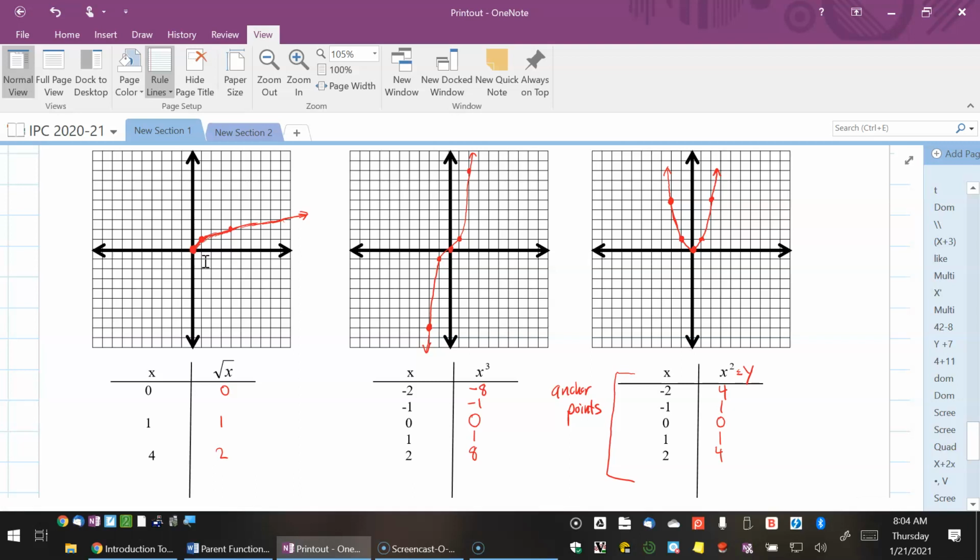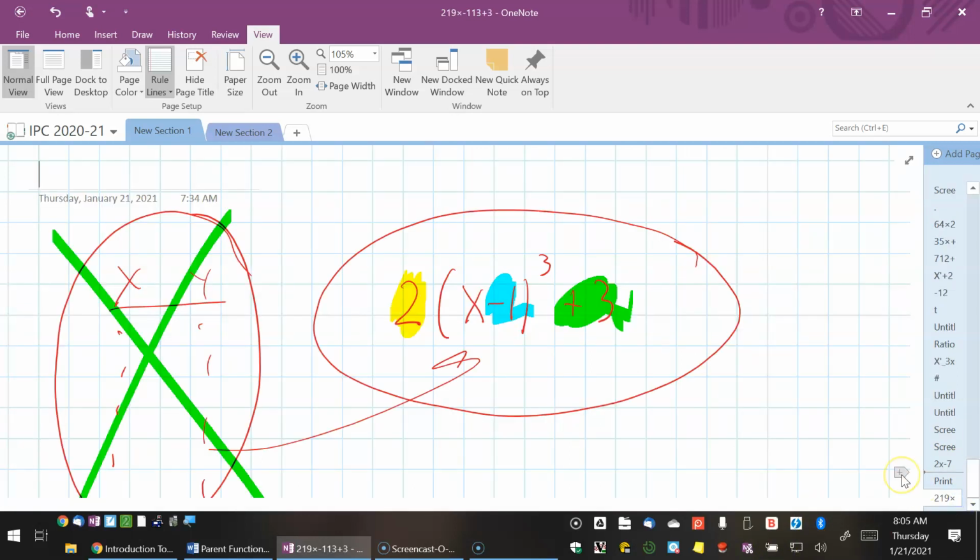Now, I am going to talk more about this in video 42, but to give you a preview, the reason why you need to know these anchor points is they provide your starting point. Let's go back to this example that I talked about at the beginning of the lesson.